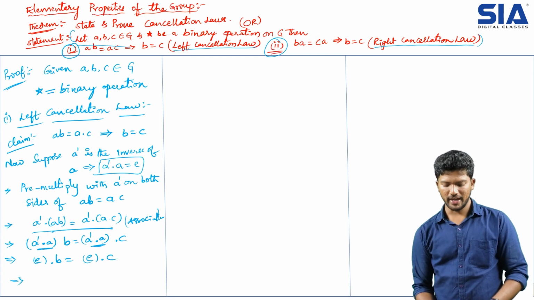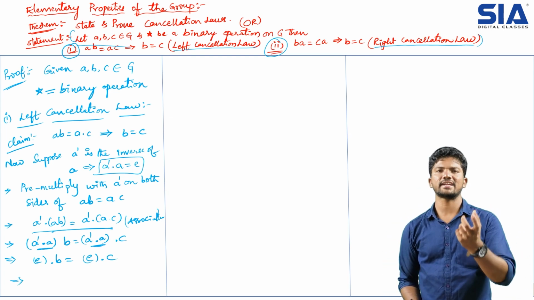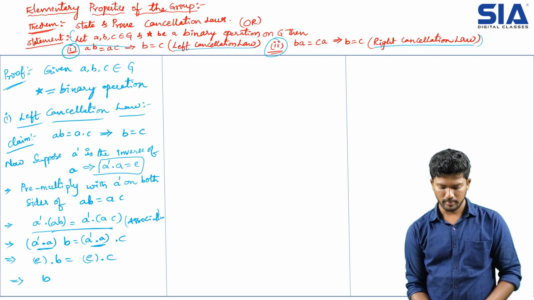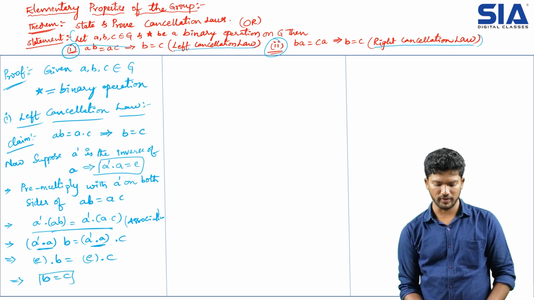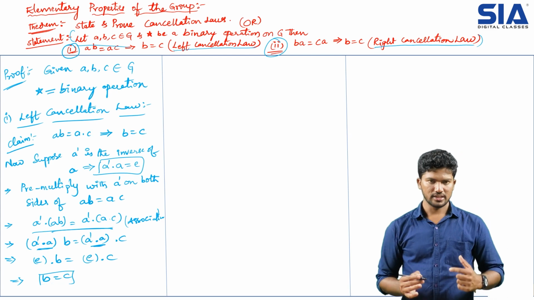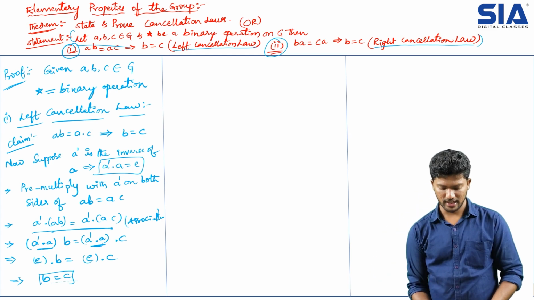If you multiply any element with the identity, you get the same element only. Therefore b is equal to c. This is the required condition we had to prove in the left cancellation law.